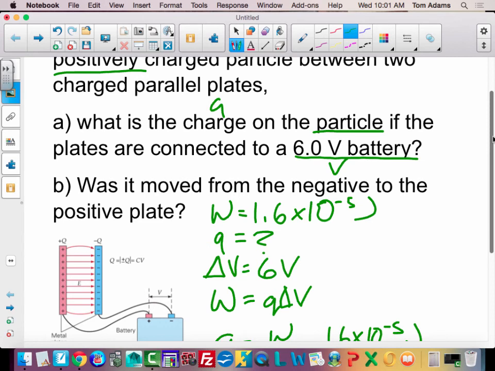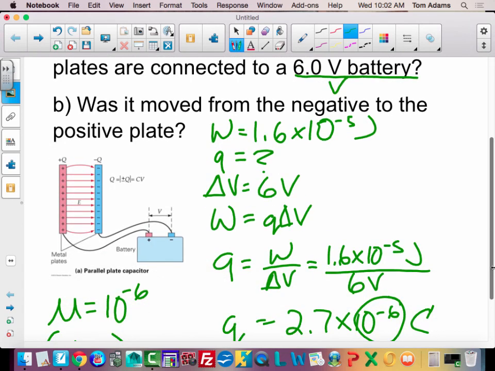Since positive work is done by an external source, the positive charge has a higher potential energy after the move. So the answer is yes. Okay. Why? Because we had positive work that was done by an external source, so the positive charge has a higher potential energy after the move.